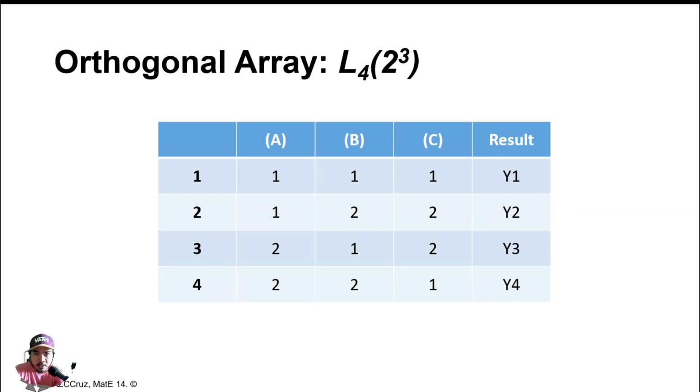Let me see if I can find it, class. Oh, Taguchi.